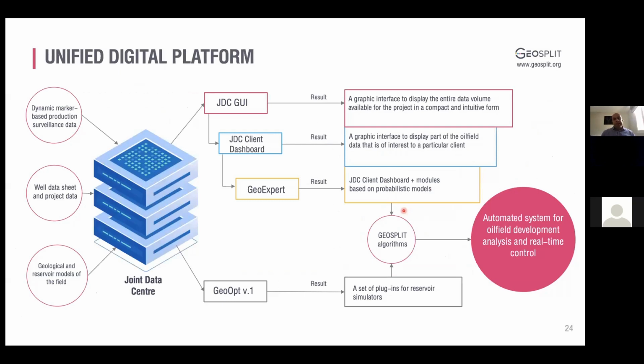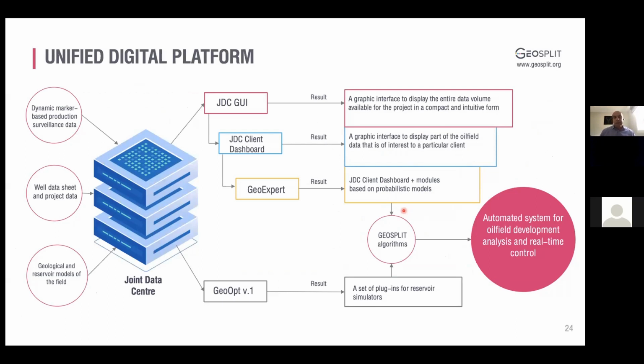So just at the end, as I mentioned, GeoSplit most recently developed a unified digital platform, and the whole idea is to have a one-stop shop of all the input data needed for every single well, field and reservoir.